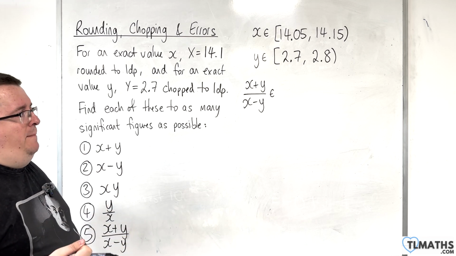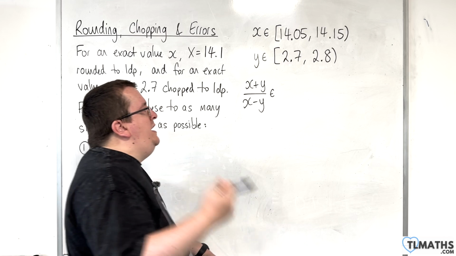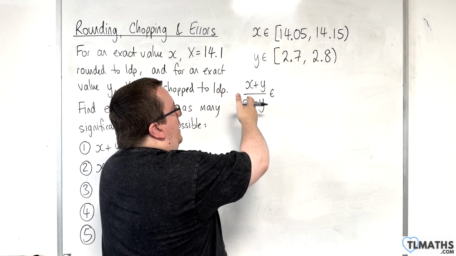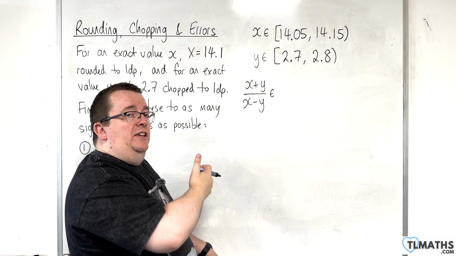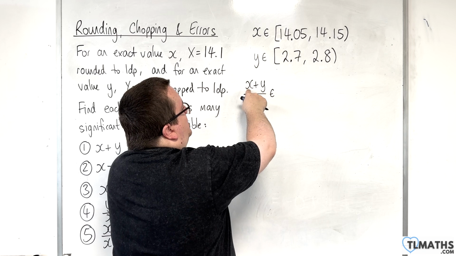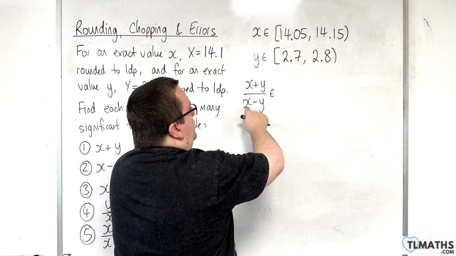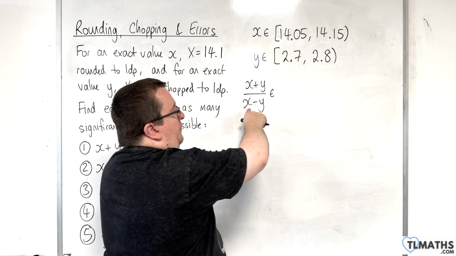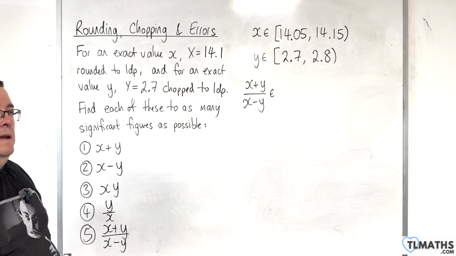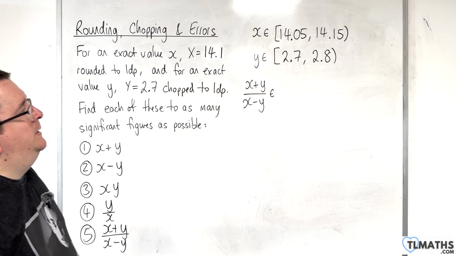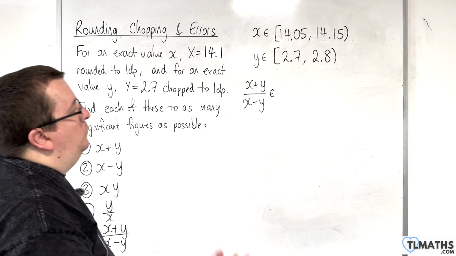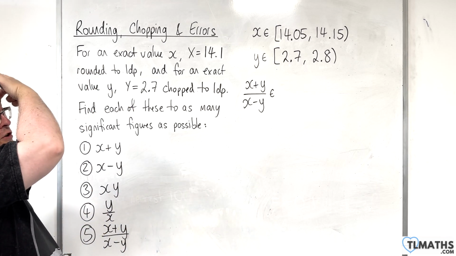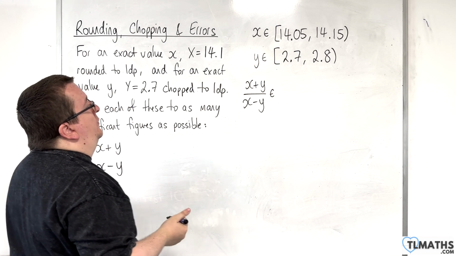What you must remember, however, is that when you are substituting values of x and y into this, you must be consistent. You can't substitute in different values for x. So you can't have the largest value of x there, smallest value of x there. You can't do that. You can't mix and match. Okay? But we're going to have to go through, I think, all 4 iterations to see which one works.